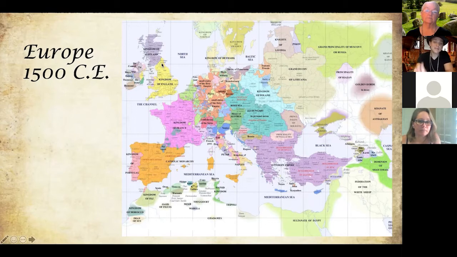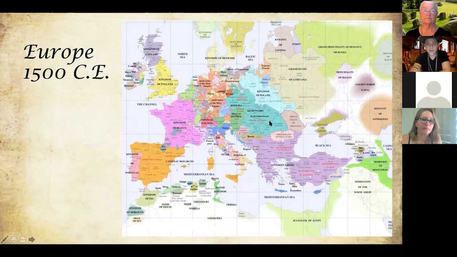We are seeing Scotland really holding its own against England for as long as it's going to, because in about 100 years from this, they fall, or they unite with England, not necessarily fall, but culturally a lot of people think they do. And then we see Ireland fractured as it is, with only the small sliver that my mouse is pointing at under English control directly, yet the English claim the lordship of all of Ireland at this point, and within a few decades, they will claim it as an independent kingdom of theirs in personal union.